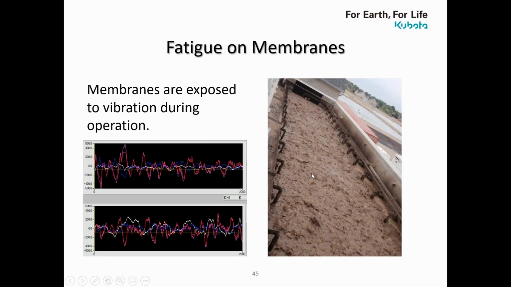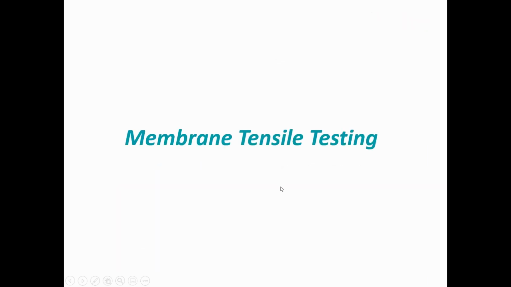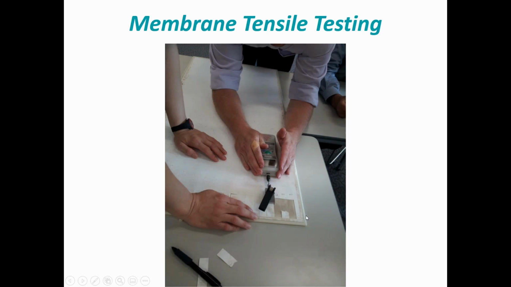So membranes are exposed to aeration. It's aerated 24/7, 365 days, years and years. The membrane will get weaker and weaker. And what happens at the very end of lifetime is that the very corner of the membrane, or wherever it is welded to the plate, gets the most stress with the air vibration.